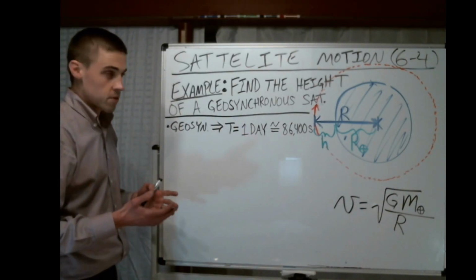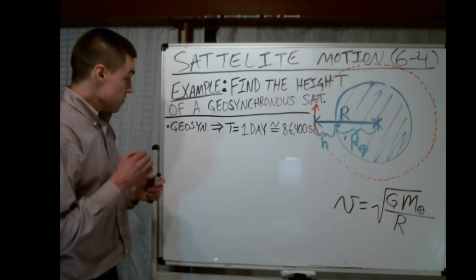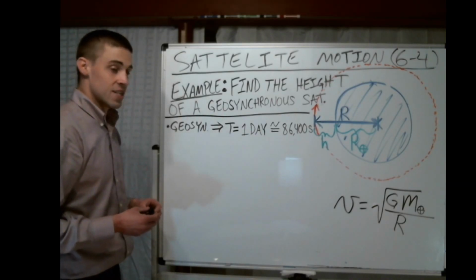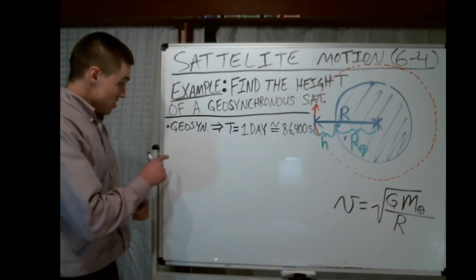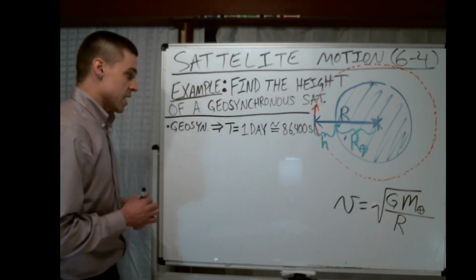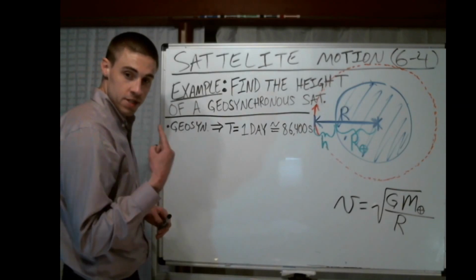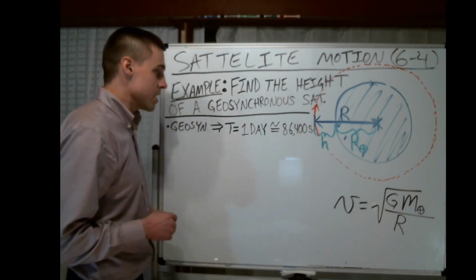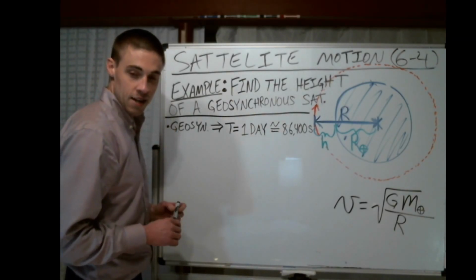This is an example problem from your book. Find the height of a geosynchronous satellite. Geosynchronous just means that the time it takes for an orbit is equal to the time it takes for the Earth to spin around its axis.